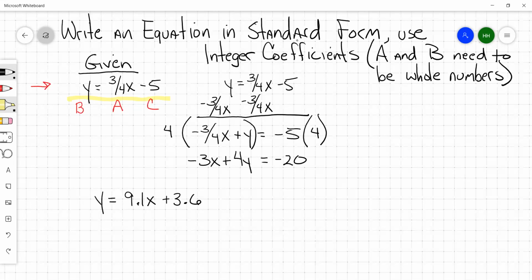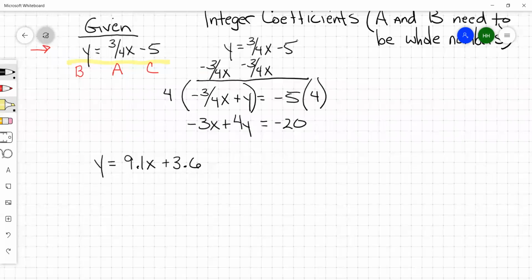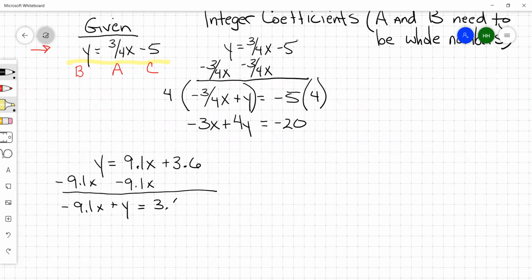The first step is going to be the same. We got to get this 9.1x to the other side. So we subtract 9.1x from each side. So negative 9.1x plus y equals 3.6.